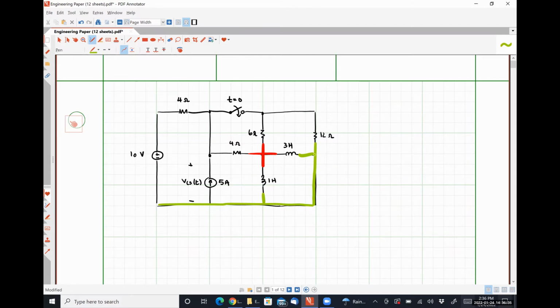A question that I get asked a whole heck of a lot is, how do I replace these two inductors with that single inductance? Both of these inductors are between the red node and the green node. So I literally just take those two inductors out and then put the equivalent inductor between the red node and the green node. So to me, one easy way to do that is by going, oops, I need to make my pen thickness smaller.